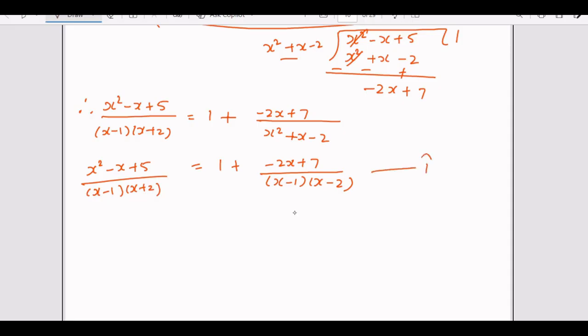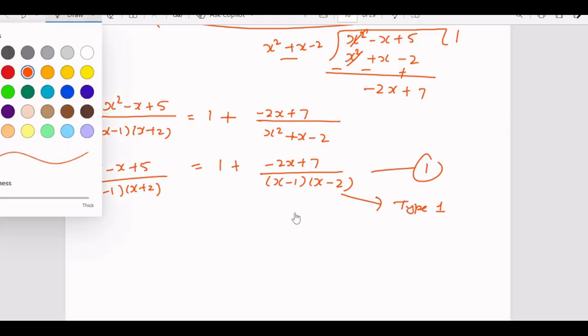Now we will again use type 1 here. Allow me to write this again, x minus 1 and x plus 2. So this is the partial fraction. This one here is type 1, the one we did in the beginning, and we will split it accordingly. We will take only this part.